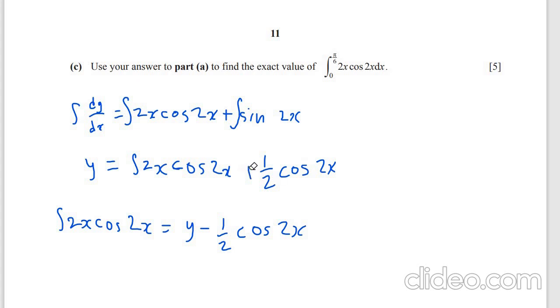Sorry, because this was negative 1/2 cos 2x, so this will eventually become y plus 1/2 cos 2x.